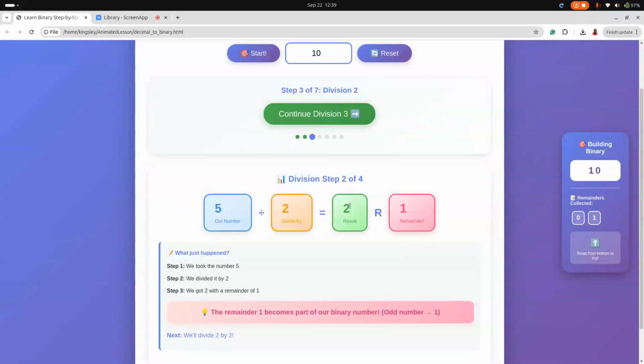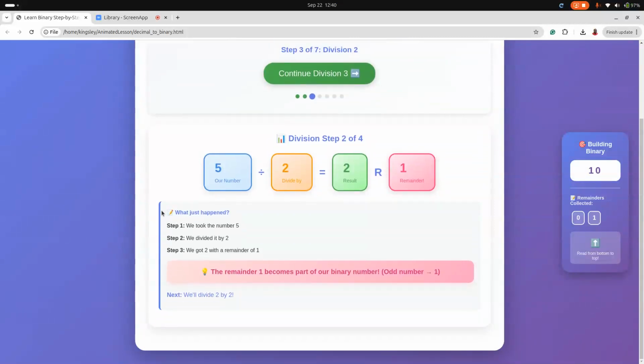So we'll keep record of the remainder and also the result. We're going to add the remainder to this collection of the remainders, which will become our binary later. And then we're going to take this very result, which is now 2.